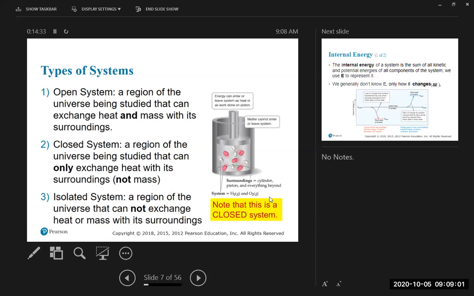A closed system is similar, except you can't lose mass. So in other words, you keep the stuff from spilling out. This piston example is a closed system, because we can have that piston go up and down. If the gas expands, or the pressure increases, it can push that piston up, but the hydrogen and oxygen molecules can't leave the container.